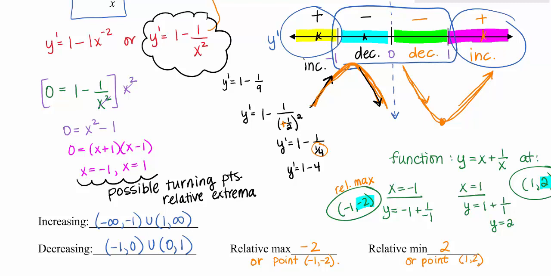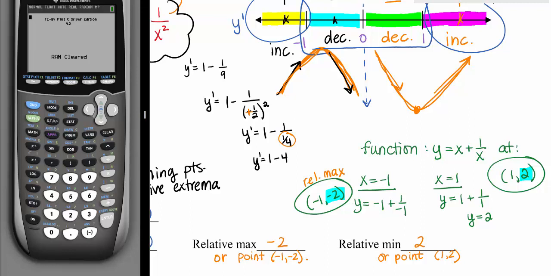So let's take a look at what this curve looks like. Okay, so if I go to my graphing calculator and I hit y equals, I can type in my original function, x plus 1 over x. And I'm going to shorten up my window just a little bit just because I know these max and mins are only as high as 2 and -2.